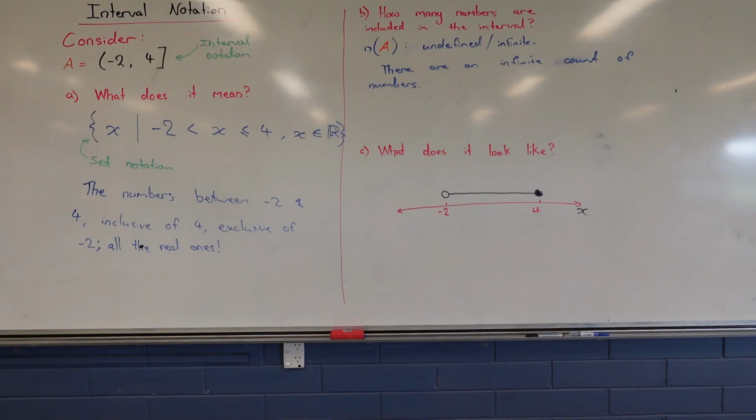Yes, Levi? If you specifically don't want -2, and the end is further, like say -5, you just continue the circle and then circle -5. I'll do it on the next example. If you want all numbers except for 0, what do you do?